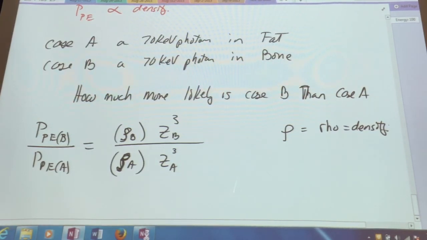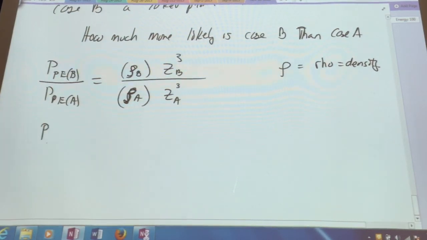So now it's easy to calculate. We just have to look up, or we already have them up there, the appropriate numbers. We said the density of bone is 1850, and the density of fat was 910.